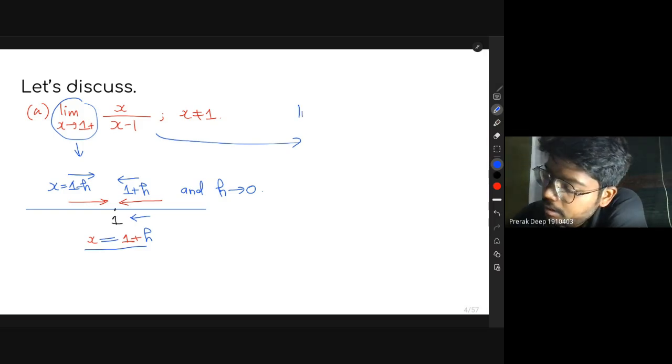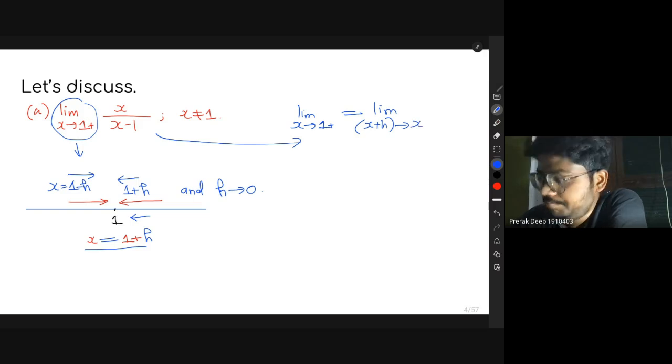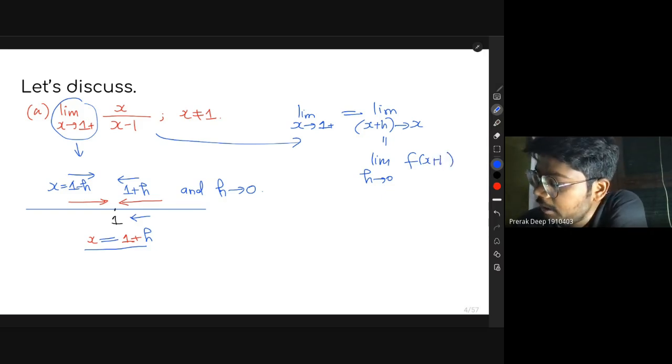So x tending to 1 plus can also be written as h tending to 0, which is the same as saying that h is tending to 0, and you replace your function with this 1 plus h value.